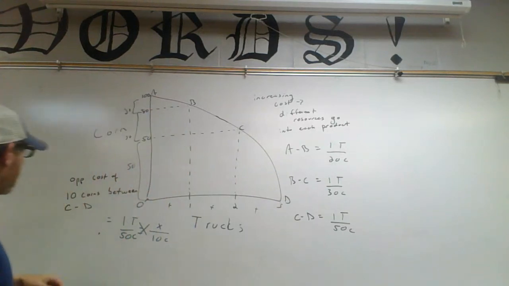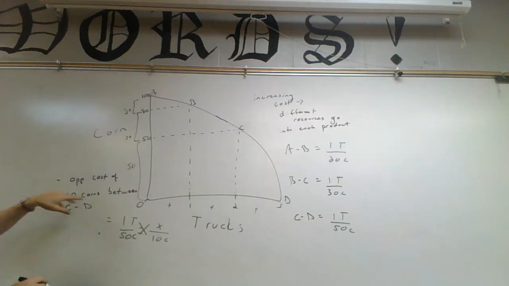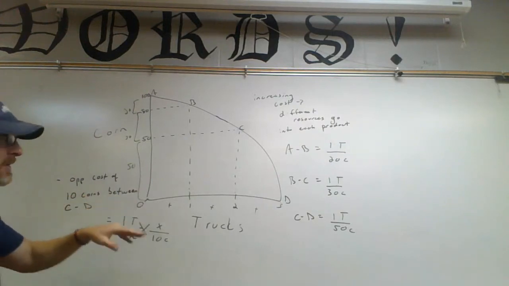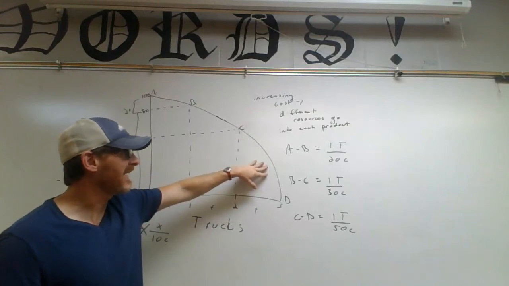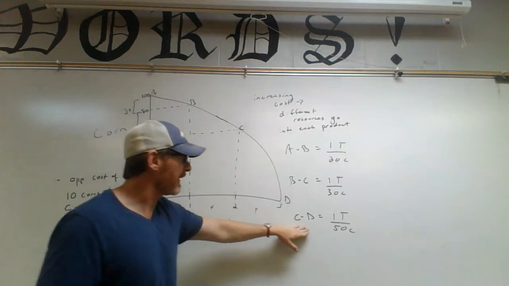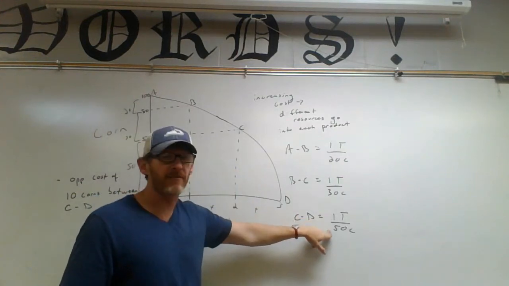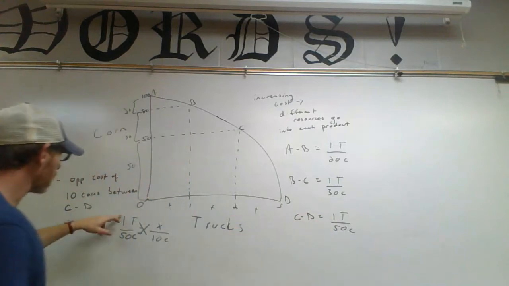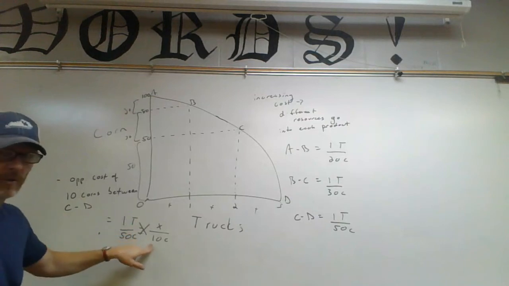So let's look at one I put up here. What is the opportunity cost of 10 corns between C and D? So I want to figure out how many trucks I'm going to have to give up to gain 10 corns between C and D. We can see that our ratio between C and D is 1 truck gives us 50 corns. So if 1 truck gives us 50 corns, how many trucks would give us 10 corns?